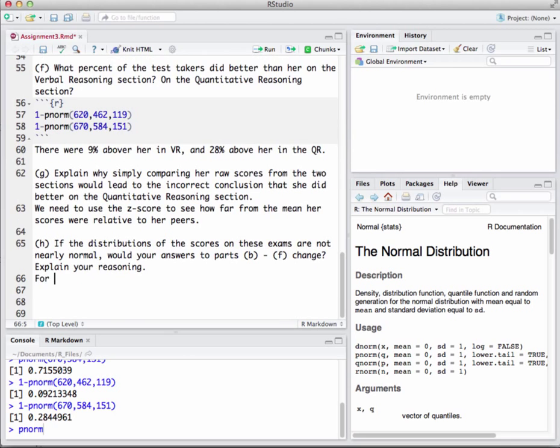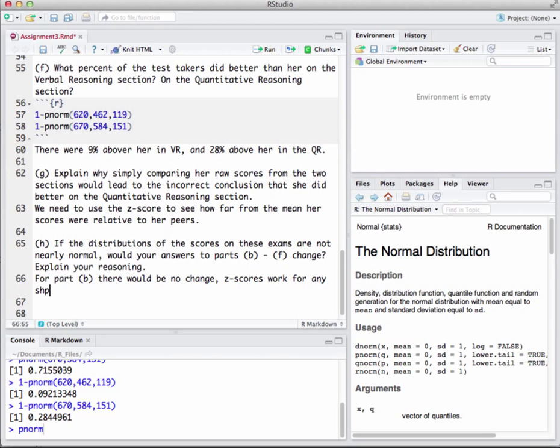So for part B, there'd be no change. Why not? Well, because you can calculate a z-score for any distribution. It's not dependent upon it being normal. So z-scores work for any style distribution, for any shape.